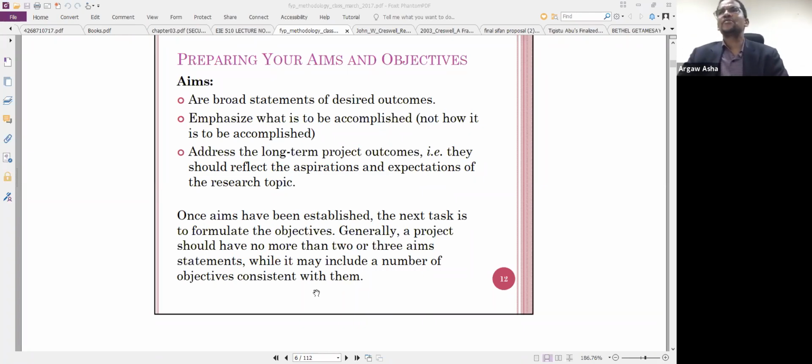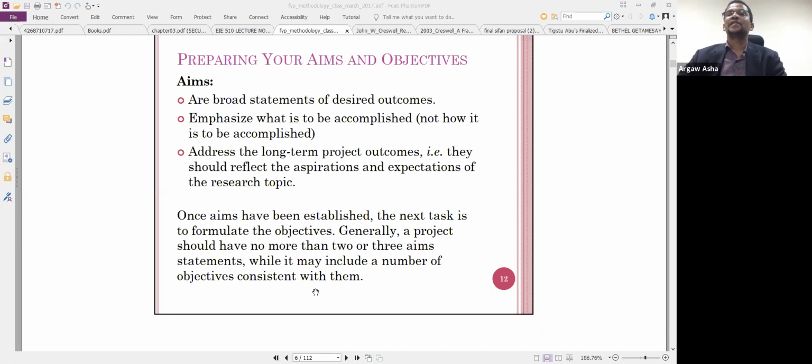Whenever you are coming to the aims and objectives, the aims are broad statements of desired outcomes. So you can explain the outcomes so that the reader understands what the outcomes are.